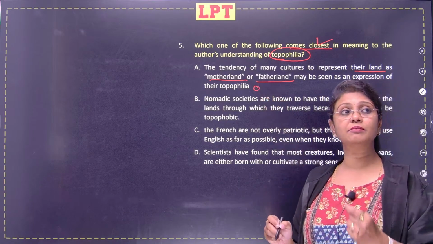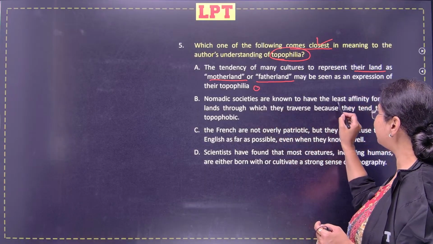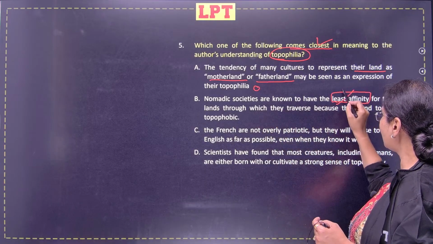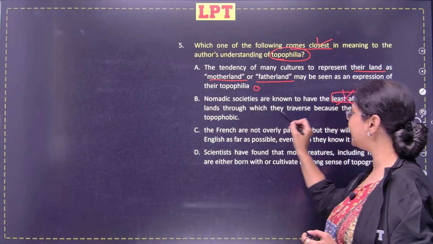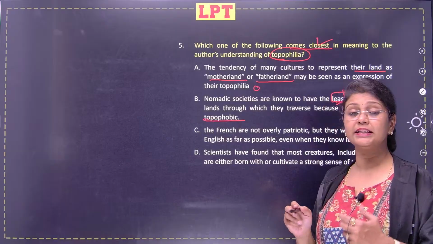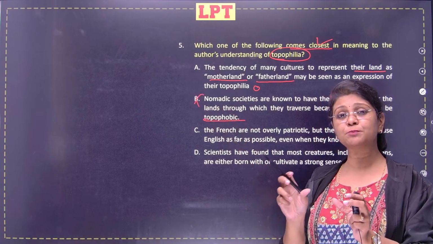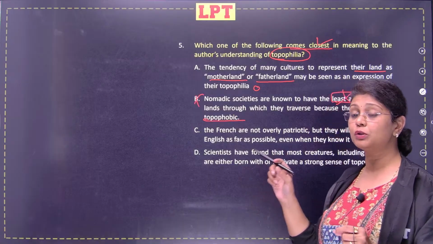Let's also have a look at other options. It says nomadic societies are known to have the least affinity for the lands through which they travel because they tend to be topophobic. Now this is cancelled out. The author does not say that these tribes are topophobic, so it cannot be the answer choice here. Not the best possible representation of the word topophilia.